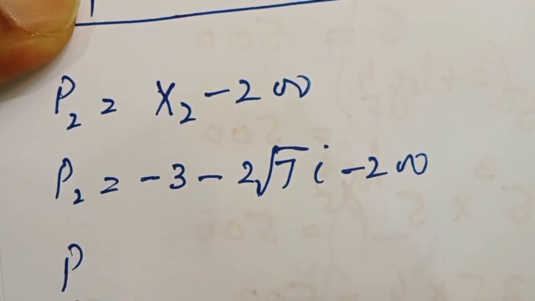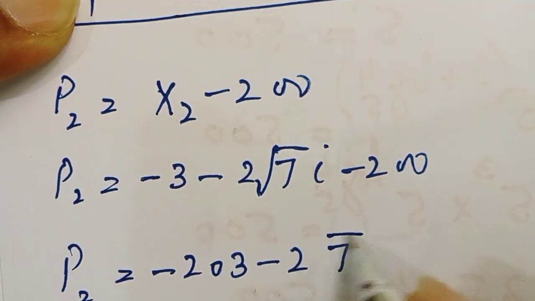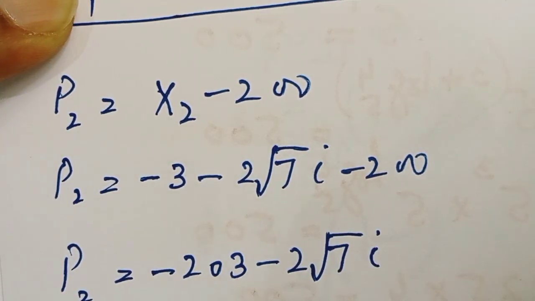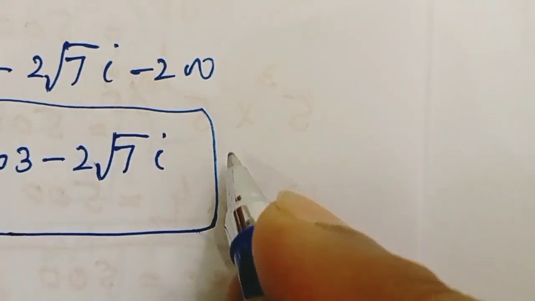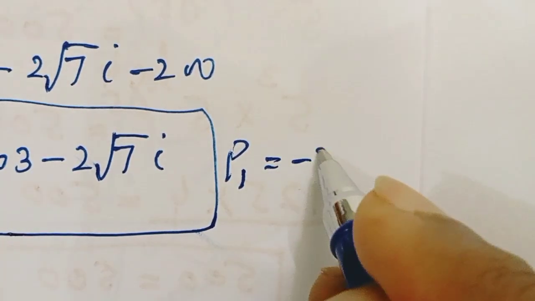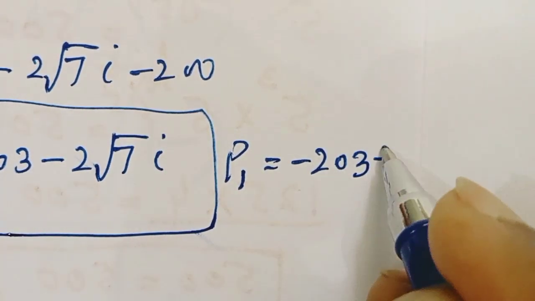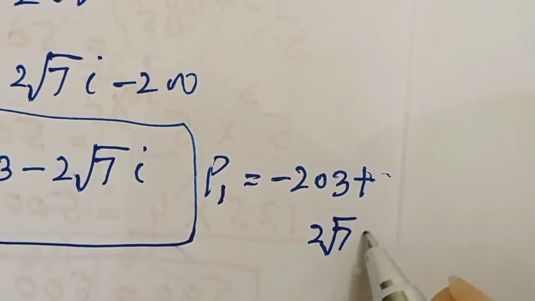So p2 is equal to minus 203 minus 2 square root of 7 iota. This is the value of p2, and that was the value of p1, minus 203 plus 2 square root of 7 iota.